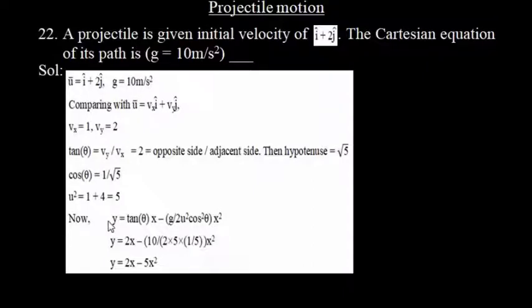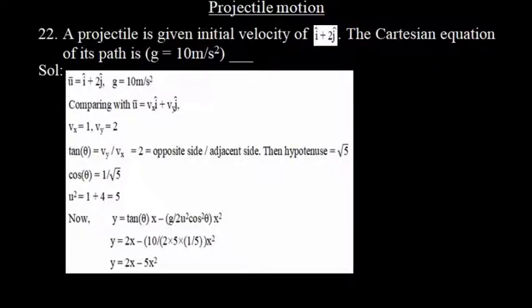Now, we go to the standard equation. y is equal to tan theta into x minus g by 2 u square cos square theta into x square. Instead of tan theta, we substitute tan theta as 2. 2 into x minus, we are asked to take the g value as 10, divided by 2 into, what is u square?